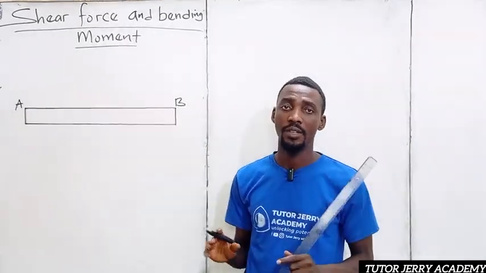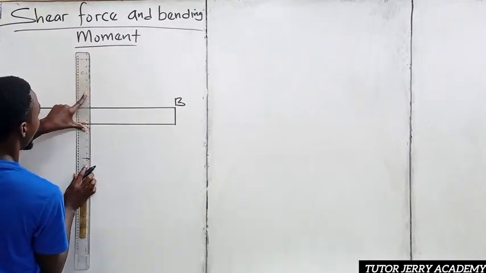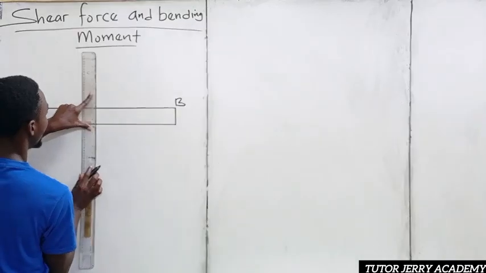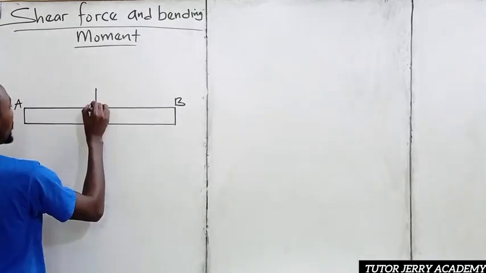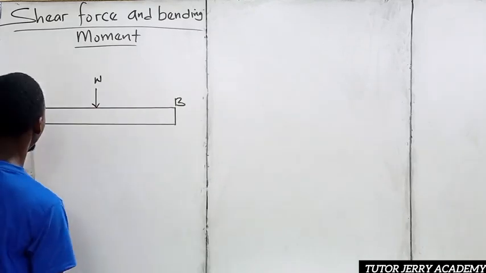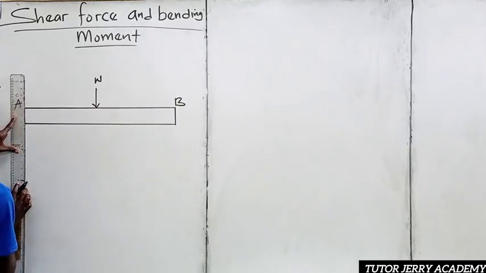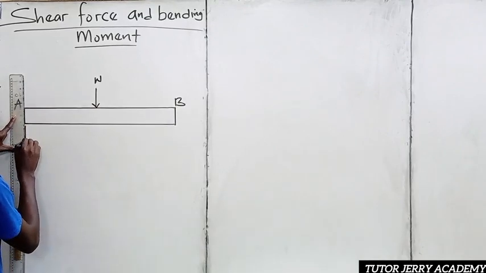This beam, if it is loaded at the center with W, let's say this is the center, and this is a simply supported beam. I have support at both ends. So we'll just be drawing the free body diagram.